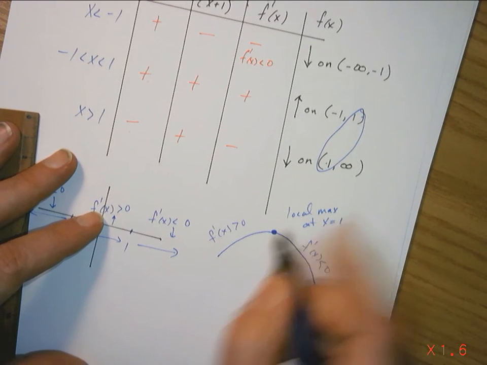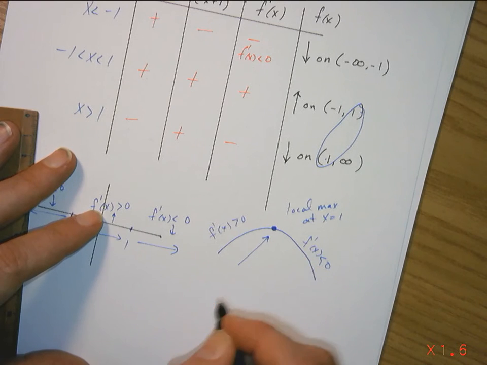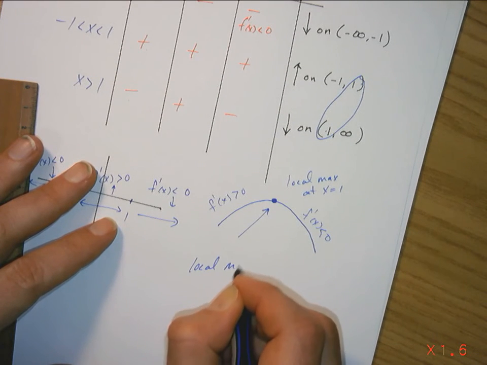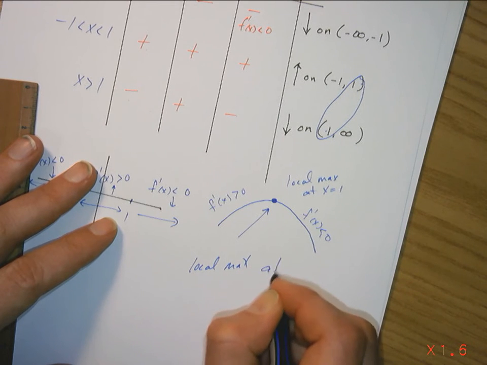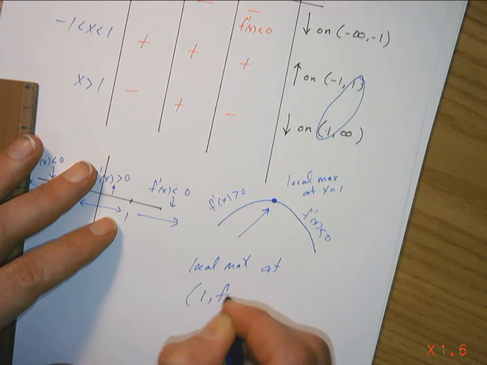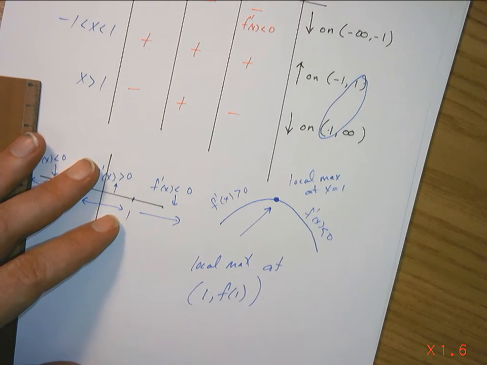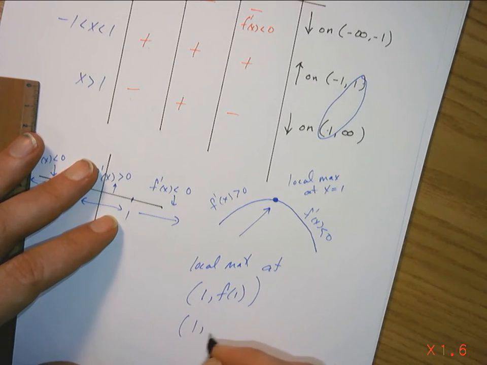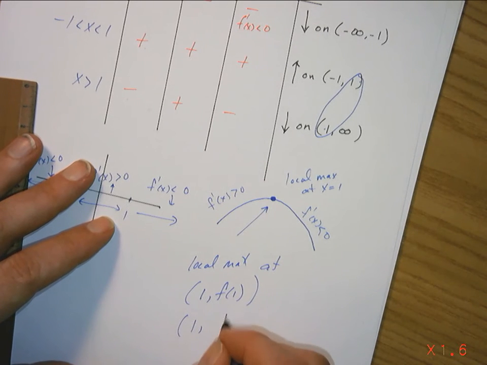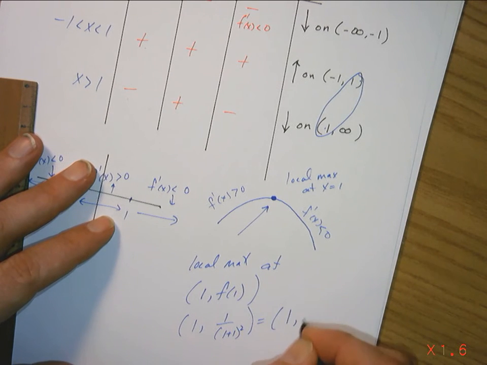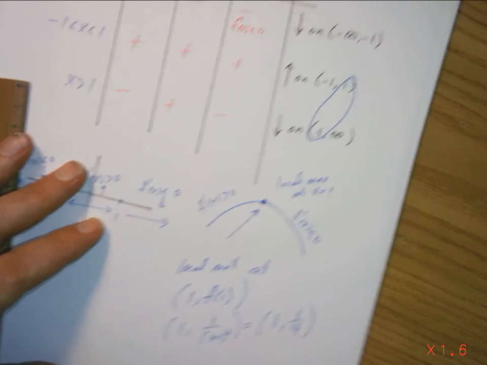Now that exact point, if I wanted to figure that out on the curve, and we're going to want to do that, so local max at (1, f of 1), not f prime of 1, but f of 1, back to the original. So it's going to be 1 over (1 plus 1) squared. So that's going to be 1/4.